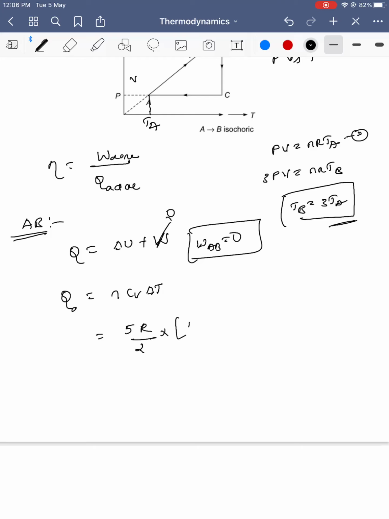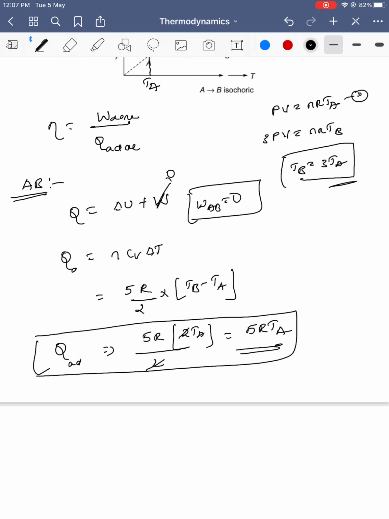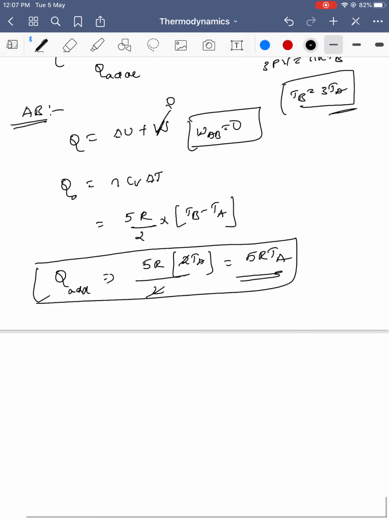TB is equal to 3 TA, so it is 5R into (3TA minus TA), that is 2TA, divided by 2. So it gets cancelled: 5R into TA. Is it plus or minus? It's a plus. So we got a positive value, so this is the amount of heat added. In the process AB, heat is added.